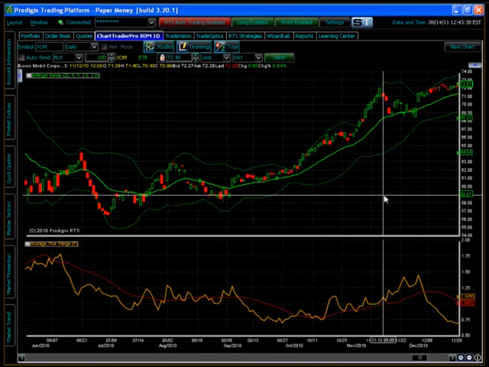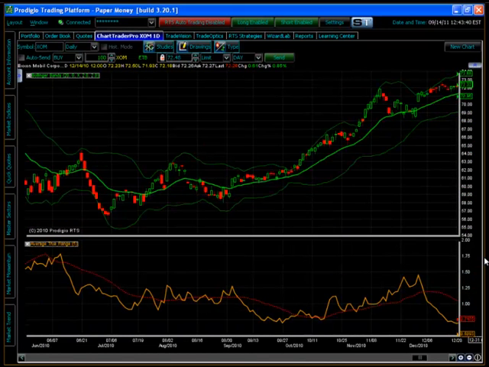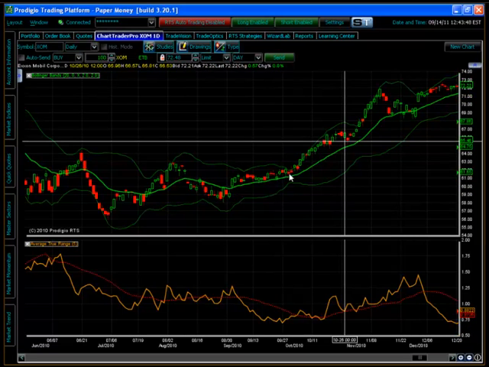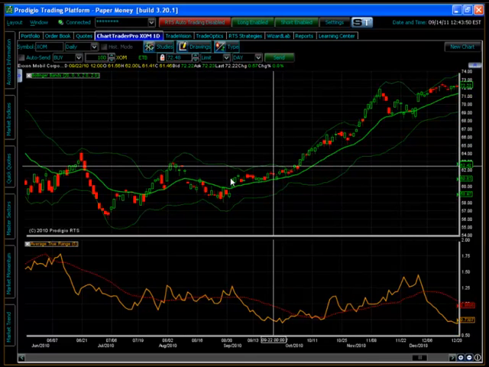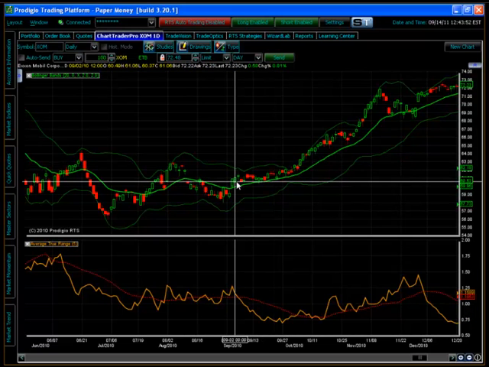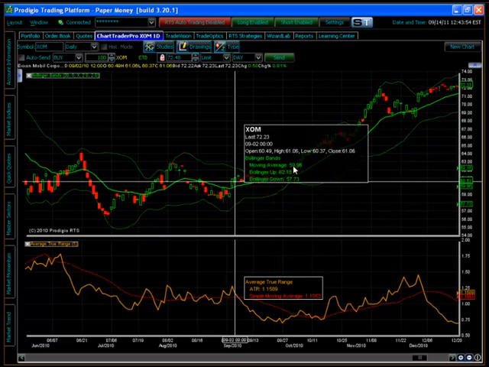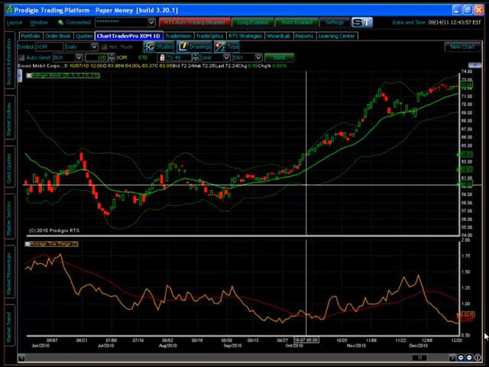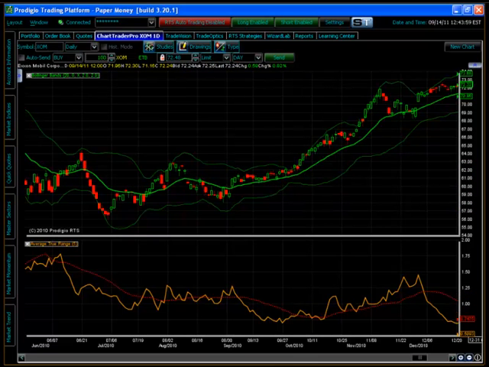Now, this is a generalization, but you see that this kind of tends to happen a lot. And this is really where we're going to kind of take advantage of some of the things that the system can do. So here's a perfect example, right? You see this price action that begins last year in September. It's consolidating. When I look at this chart and I generalize, right, I just eye this up.